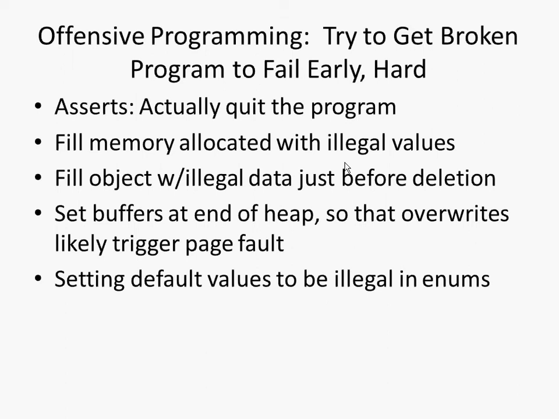Well, because if somebody accidentally references it, they have a pointer to it, and they go and grab something from it after the object's deleted, that's bad. It's not allowed. They shouldn't be doing this. And we want to know if they're doing it, because we want to go fix that bug in the program. So filling it with illegal values might prevent someone from using a pointer to grab some data before it can be grabbed.